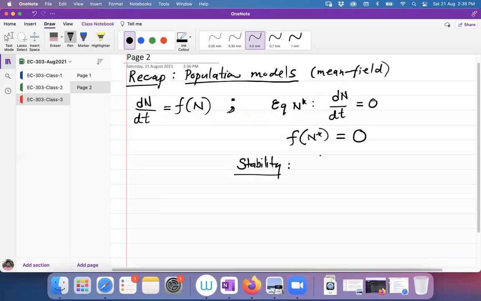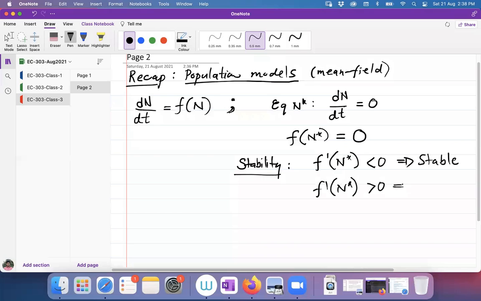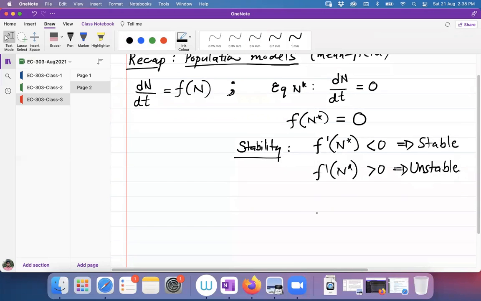So for any equilibrium, if f prime of n star is less than 0, that means it is a stable equilibrium. If f prime of n star is greater than 0, we call it an unstable equilibrium. Let us now apply this to two models. The first model is the theta-logistic model.